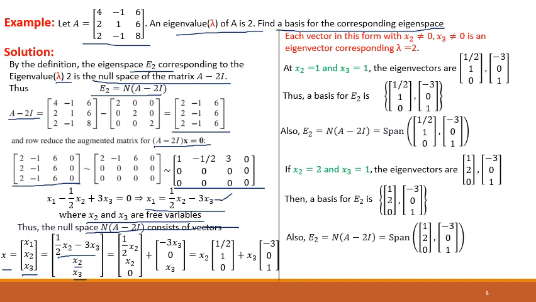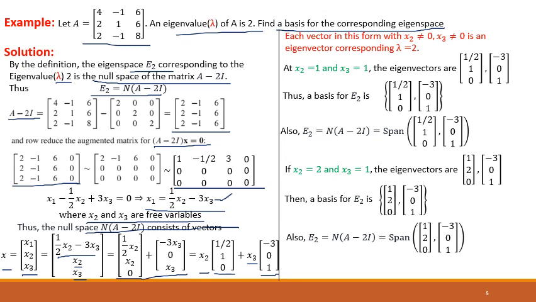We can write them separately in terms of x2 and x3. From the first matrix, we will factor out x2 and we get the eigenvector like this. And in the second matrix, we will factor out x3 and the eigenvector would be (-3, 0, 1).